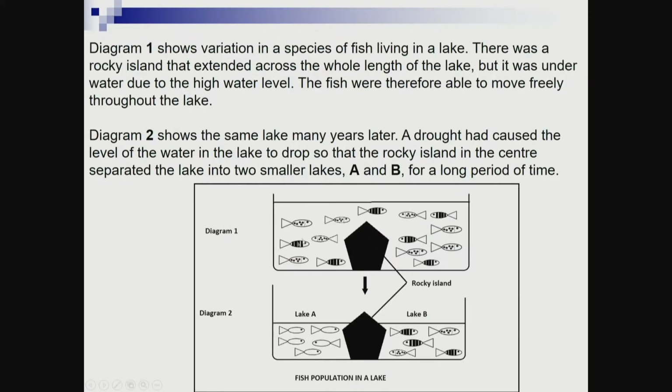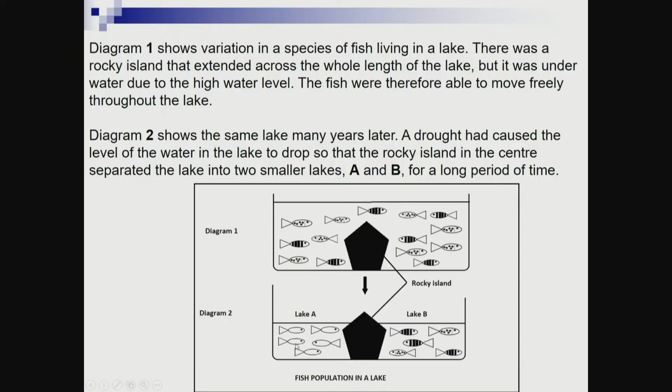So if we look at this diagram, we say in diagram 1 the original population of fish species was separated by a geographical barrier, a rocky island, into two different populations. There was no gene flow between them.